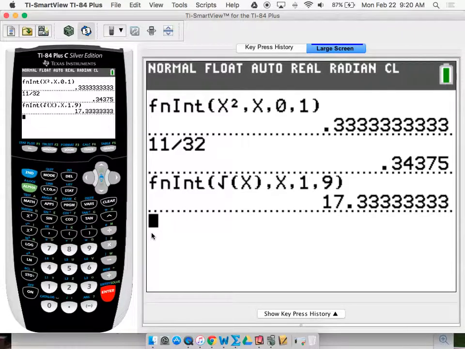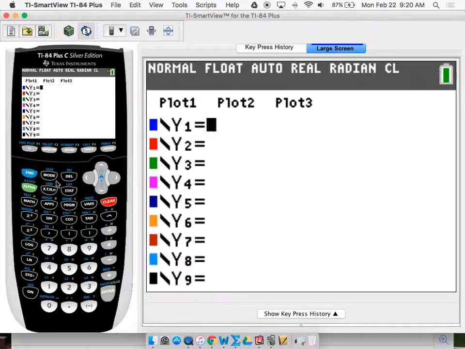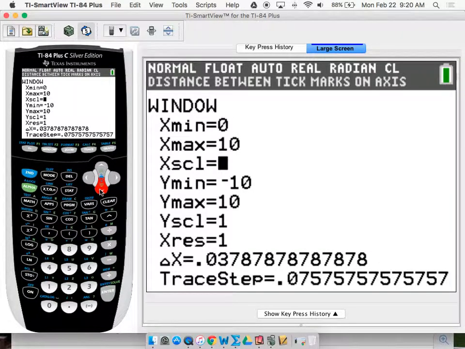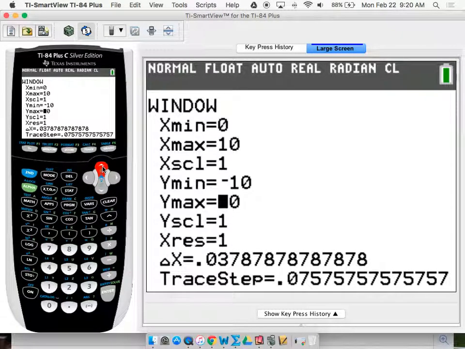All right. If you guys wanted to, you could also do it with the graph. So if you wanted to put in y1, the square root of x, and then change the window to be like 0 to 10, and then -1 to 10.